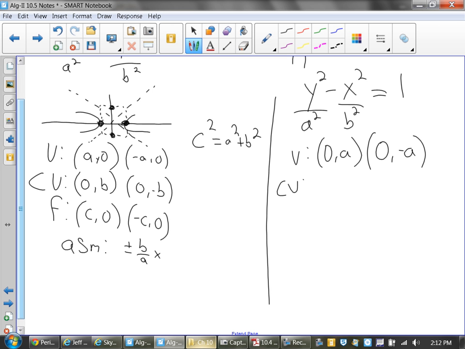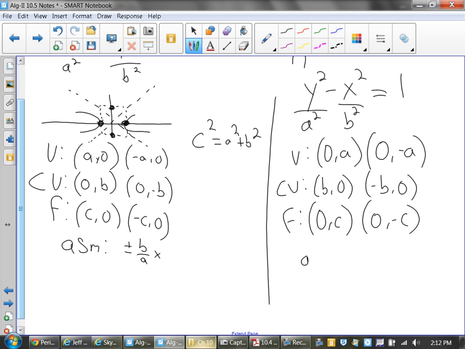This co-vertex isn't really what it's called, but I forgot the real name. And again, when it's up and down, the focus will share the same x coordinate. And then your asymptote.